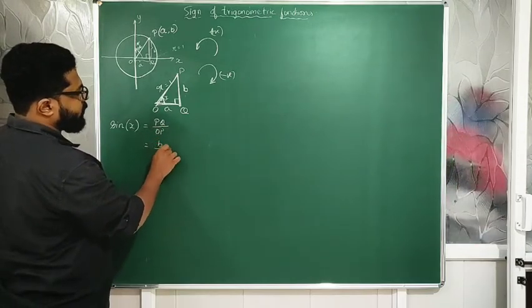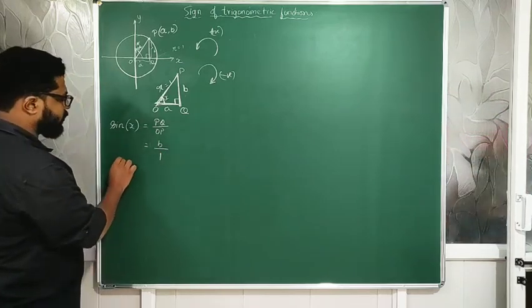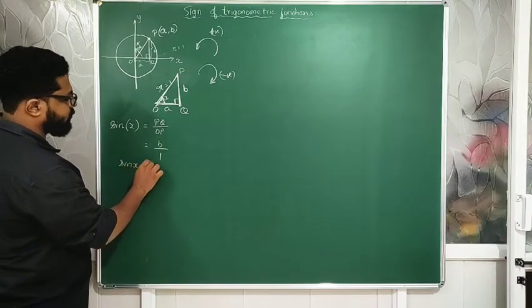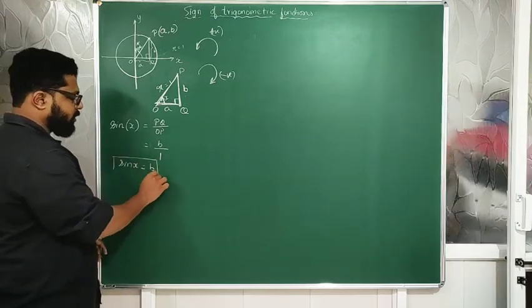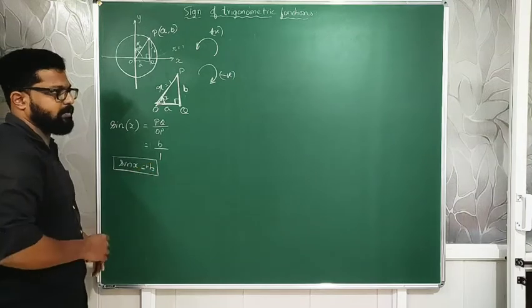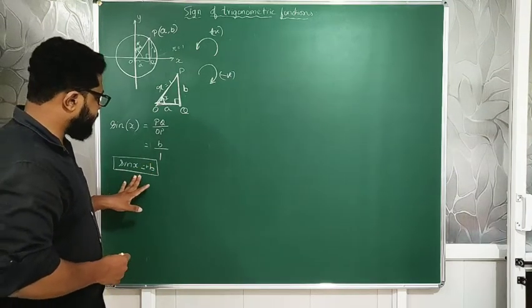PQ is B, and OP is 1. So here you can see that sin x is equal to B. I can see that B is positive, so sin x is positive.